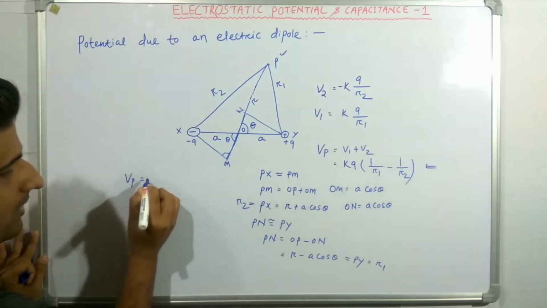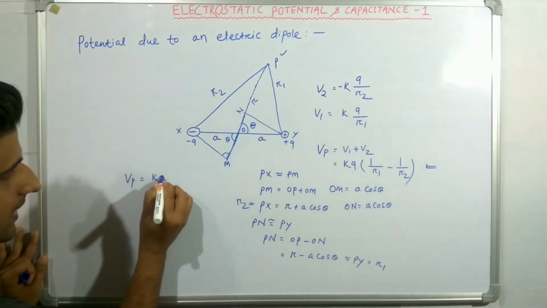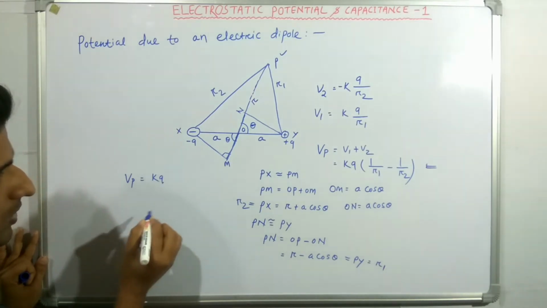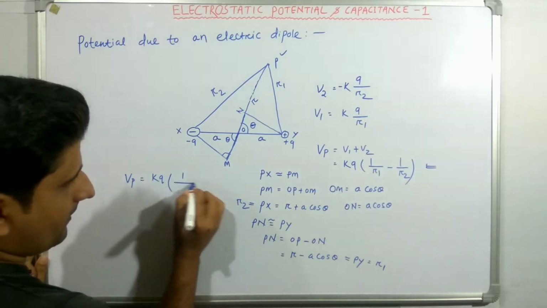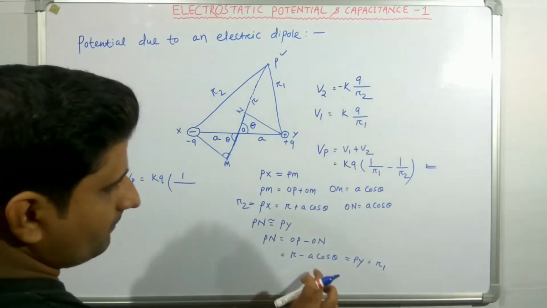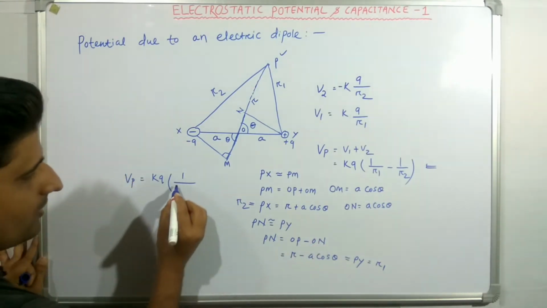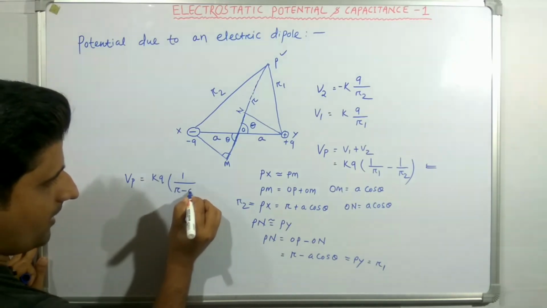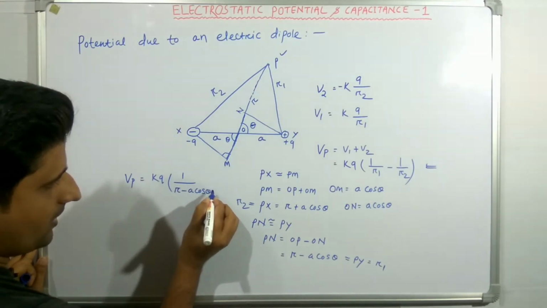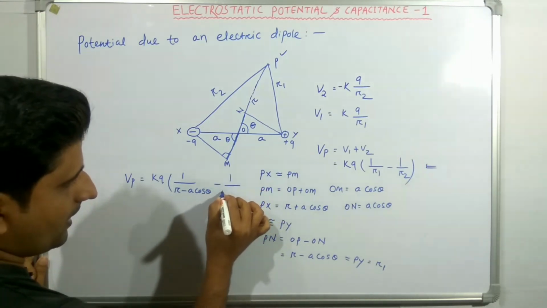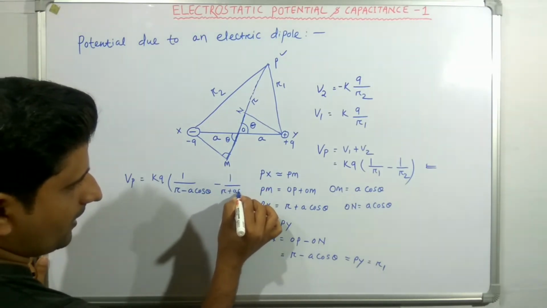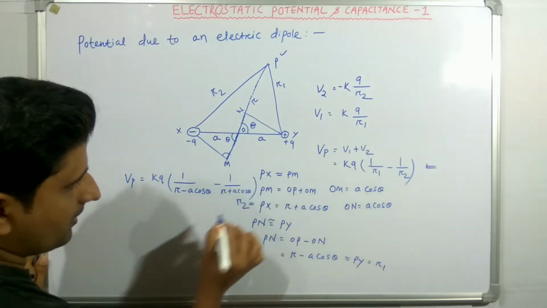Potential at P equal to KQ by 1 by R1, that is 1 by R minus A cos theta, minus 1 by R plus A cos theta.